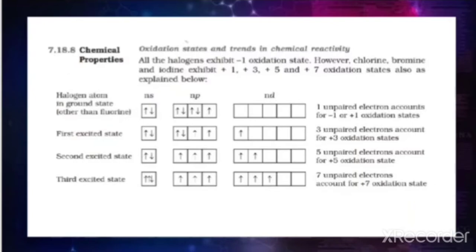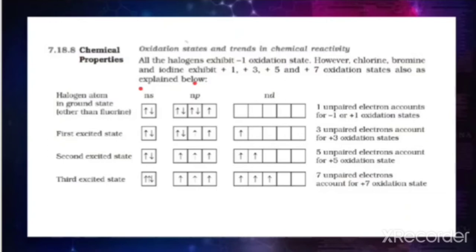So let us make the orbitals here. For halogen in the ground state, the configuration is ns2, np5. The ground state is the state in which there is no excitation. It is the normal electronic configuration.